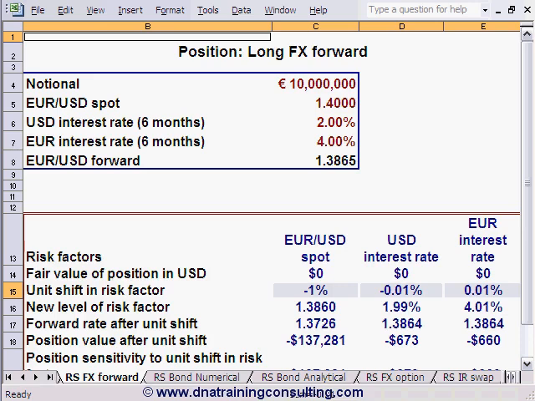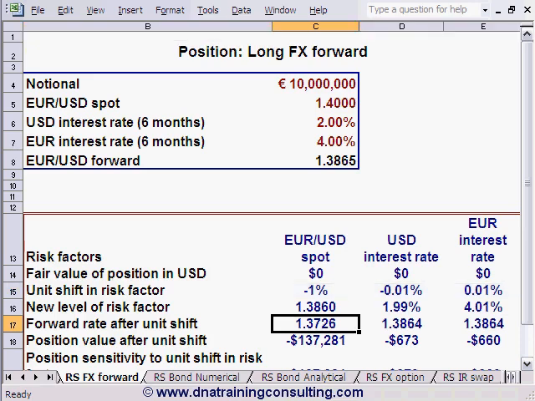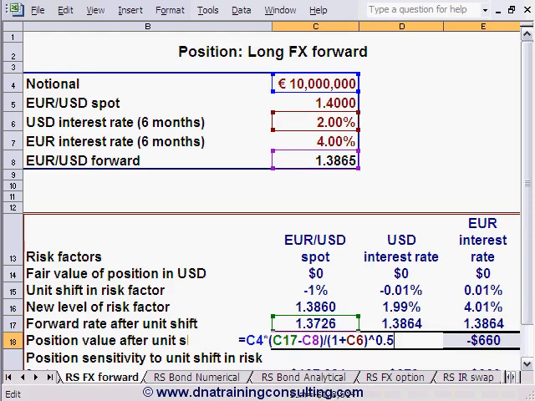Over here in cells C17 to E17, we calculate the forward rate after giving effect to the assumed shifts in risk factors, and then calculate in cells C18 to E18 the value of our position, specifically equal to the notional amount in euros multiplied by the difference between the new and old FX forward levels and discounted appropriately to today's date.